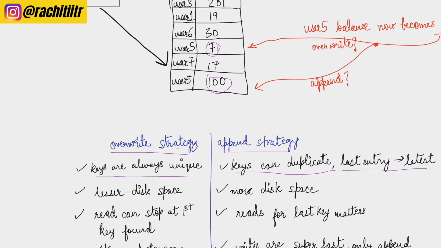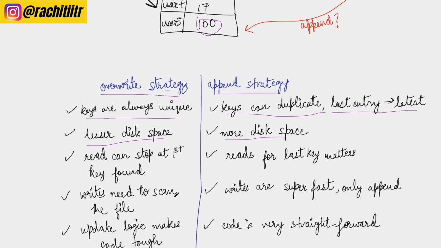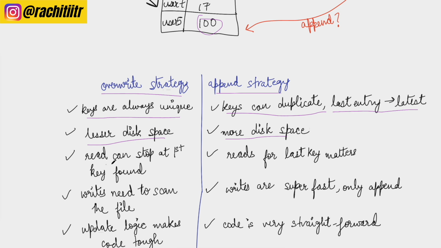So obviously, since we are duplicating keys, it will take more disk space, but the override strategy is going to take less disk space. Also, reads can stop at the first key found because there will only be one key. In the append strategy, reads matter for the last key, so you can also do a reverse read of the file and again stop at the first key found.